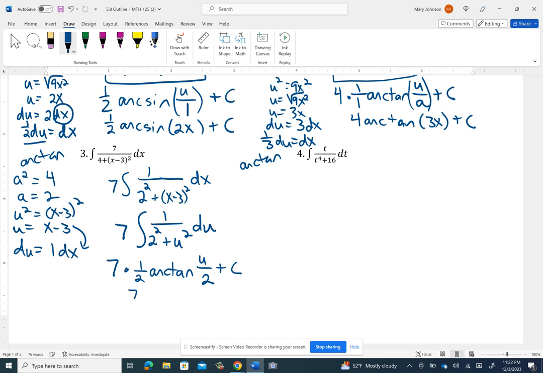So that means your answer is going to be 7/2 arctan of (x minus 3) over 2 plus c. Okay. All right, so let's try another one of those. So over here, the a, see on this one, these were interchanged, but that's no biggie because addition is commutative.